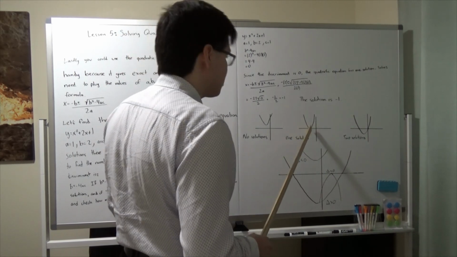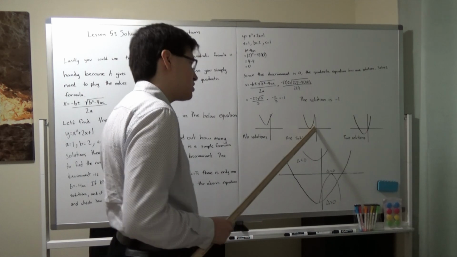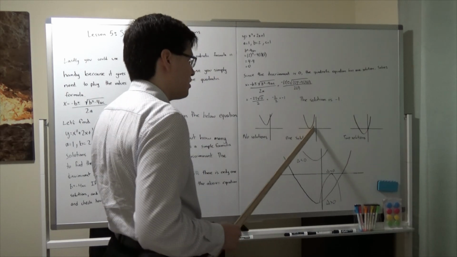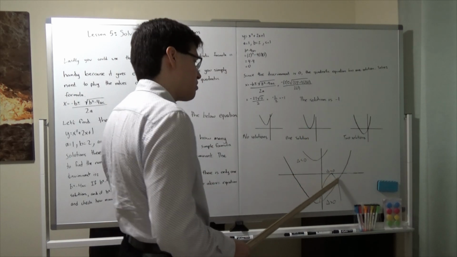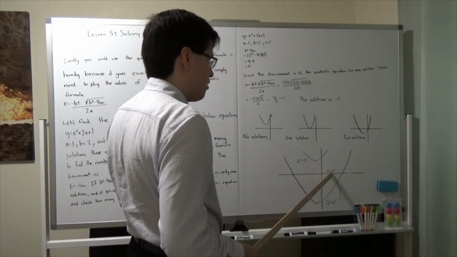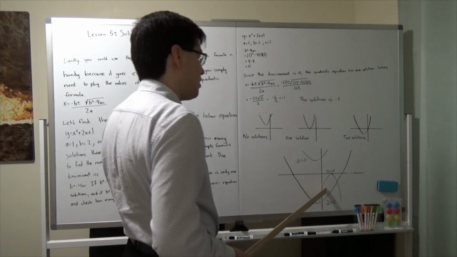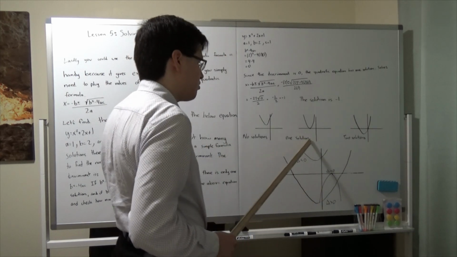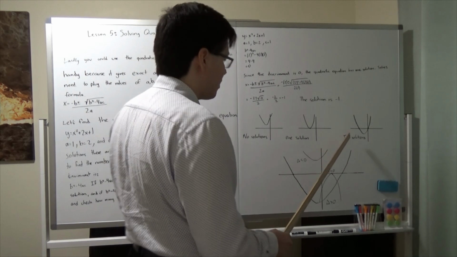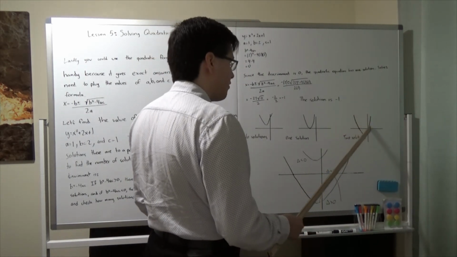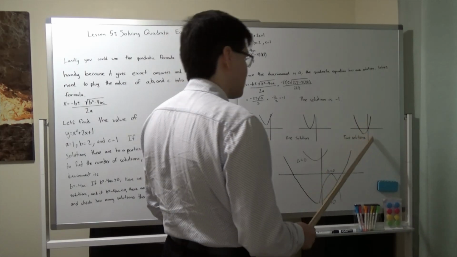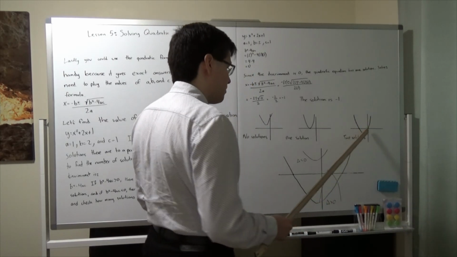We can have one solution where the parabola intersects the x-axis at one point, and in this case the discriminant is equal to 0. Or we can have two solutions where the parabola intersects the x-axis at 2 points.